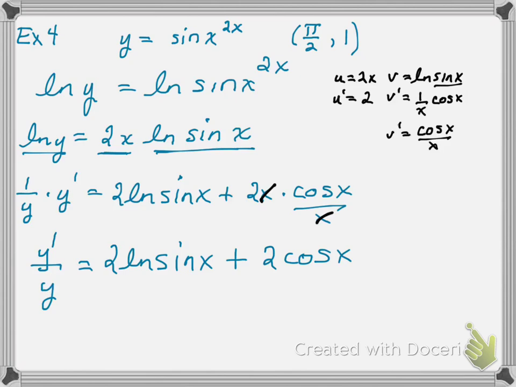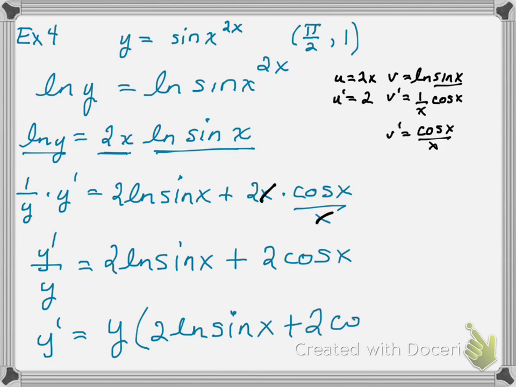And so if I multiply times y, then I have y times 2 ln of sine x plus 2 cosine x. So I have a couple of options here.